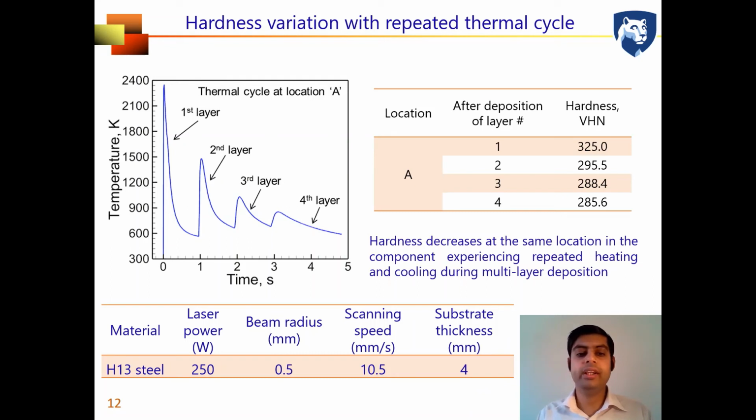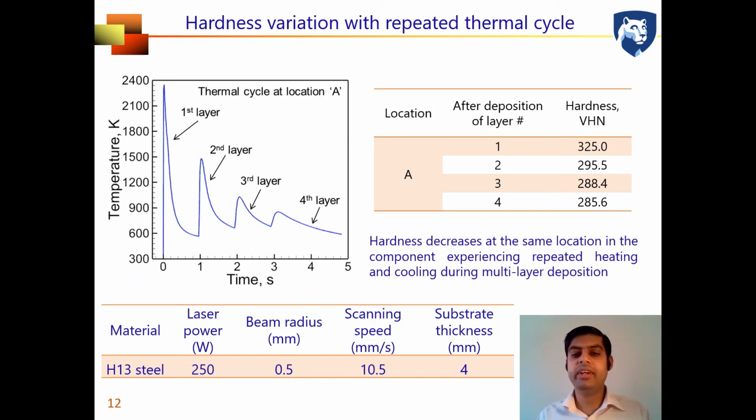And when the second layer is deposited, the reheating and recooling of the first layer will decompose some of the martensite into tempered martensite that has ferrite and carbide. So hardness drops.